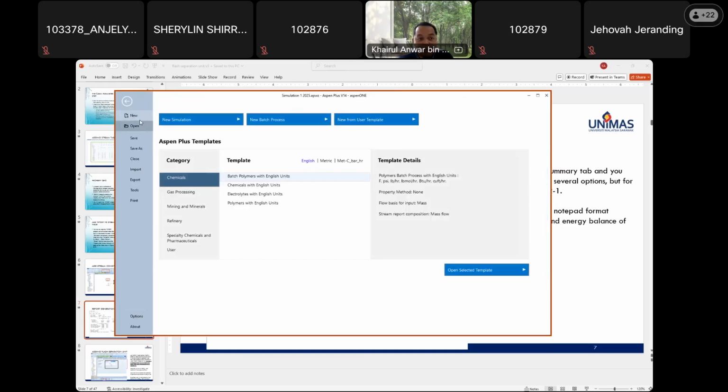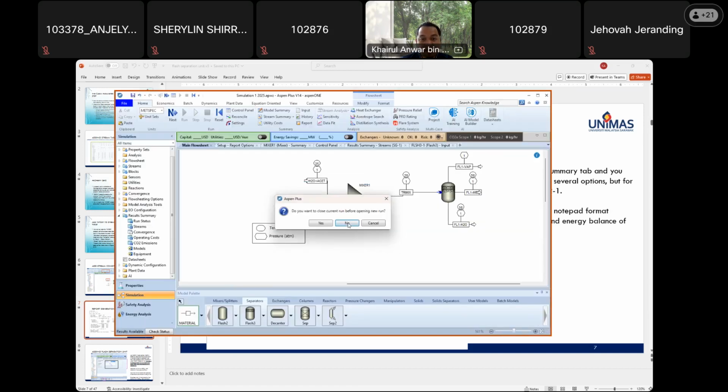So for this exercise, refer to slide 11. It's using metric, chemical metric units. Yes or no? Yes.